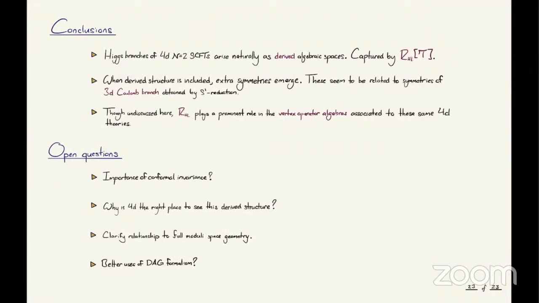Yeah, thank you. So I have the following question. You mentioned that the Higgs branch is essentially the same in 4 dimensions and 3 dimensions, and that in this talk you're going to take a 4-dimensional point of view. But what happens if you try to take the 3-dimensional point of view?